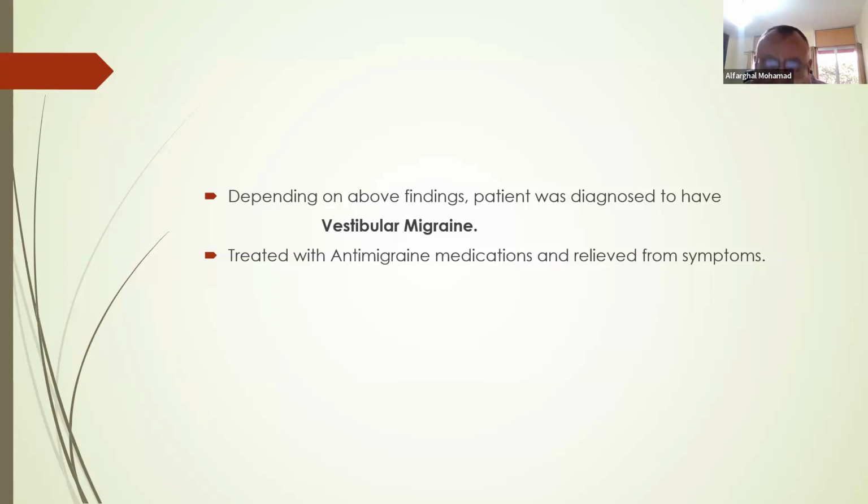paroxysmal positional vertigo. In the diagnostic criteria, our dear colleague put in the introduction that it's fatigable and fades out with repeating the testing. Actually, I would recommend to remove this one and to add whether it is cleared by repositioning maneuver or not, because this is very, very specific.